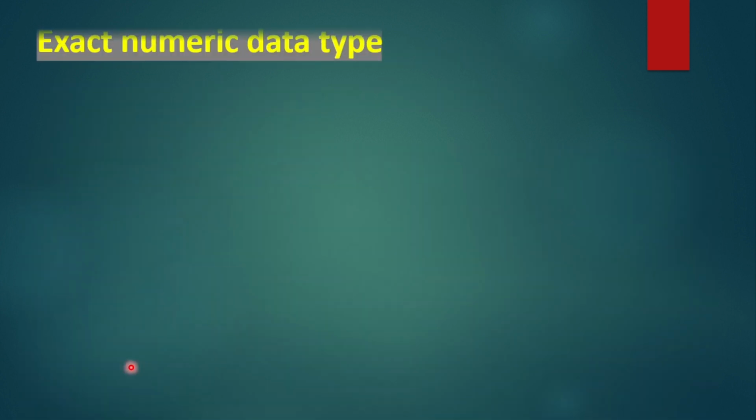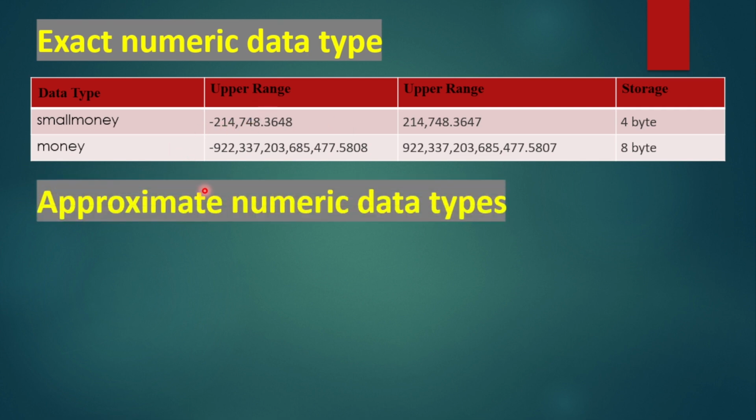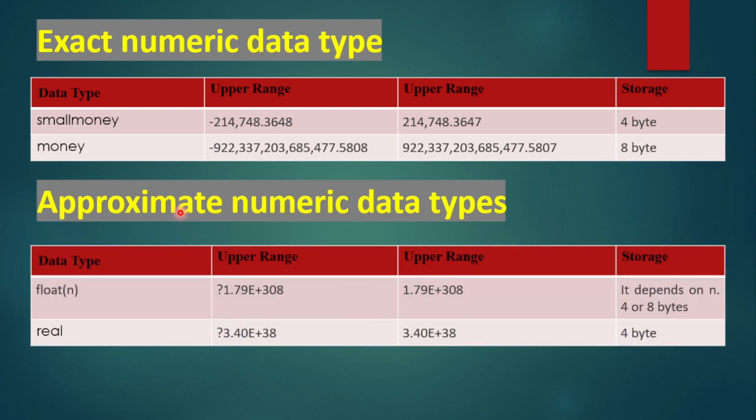Next, the other two exact numeric data types, smallmoney and money. If you want your data comma separated and in a money formatted value, we use smallmoney and money. Next are the approximate numeric data types, which are also like decimal. With them we can store decimal values, but there is some difference, which I will explain later.